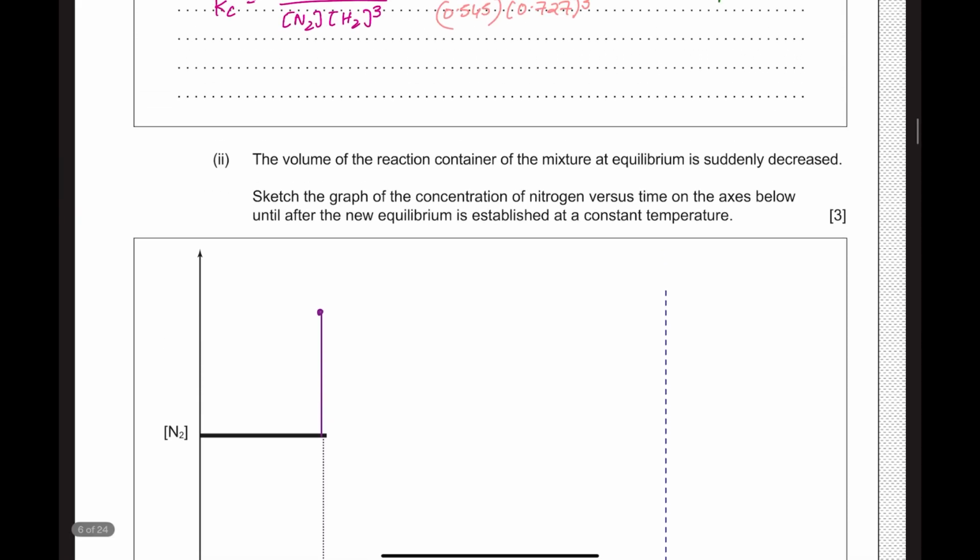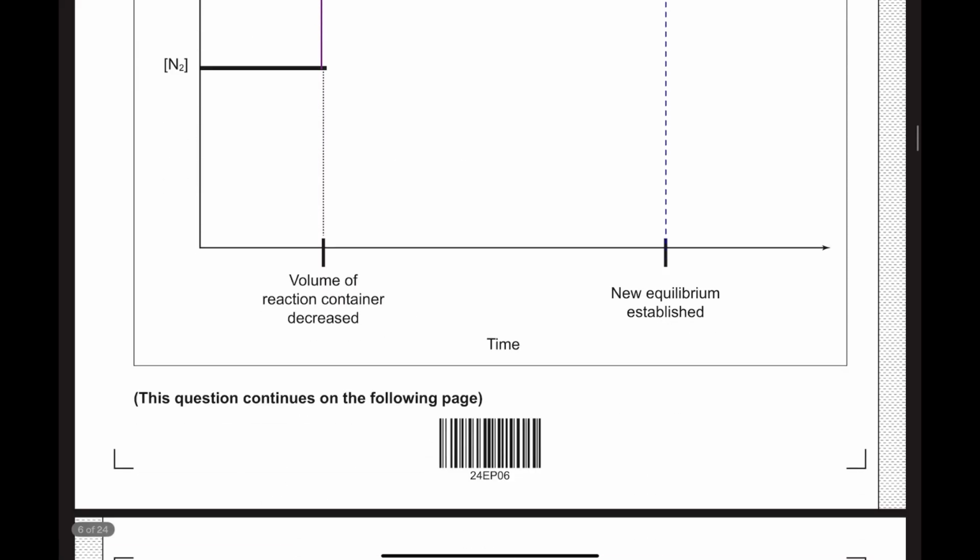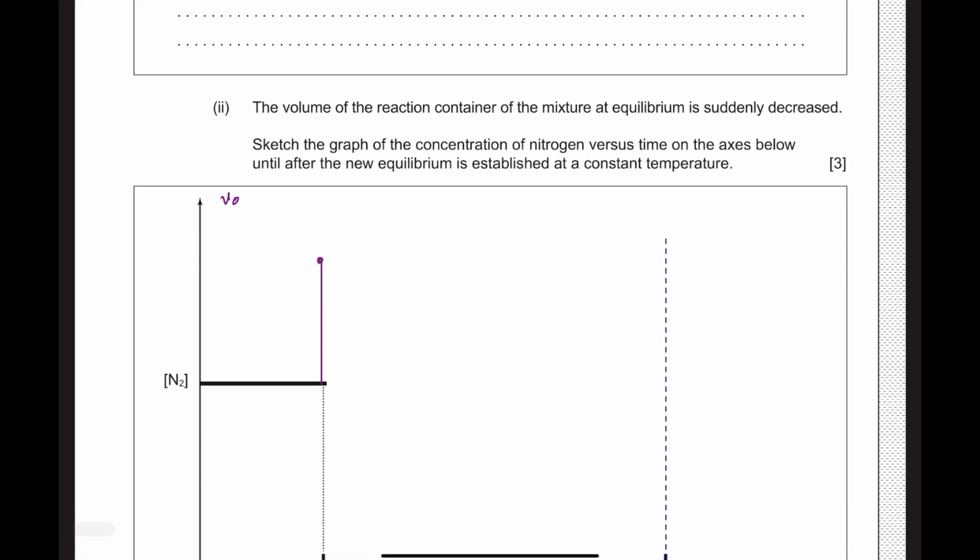Then, as your volume has decreased, you can say pressure would increase. So equilibrium tries to decrease this pressure by shifting to the side with fewer moles of gas.